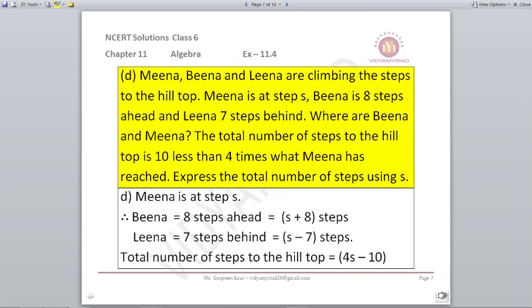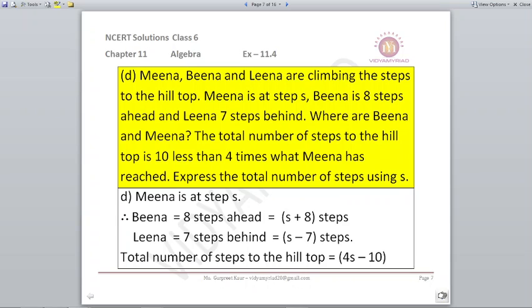Meena, Beena and Leena, they are climbing the steps to the hilltop. Meena is at step S, Beena is 8 steps ahead and Leena 7 steps behind. So when we are saying 8 steps ahead, so Beena is S plus 8. Leena is 7 steps behind, so S minus 7. This is the case of Meena, Beena and Leena.